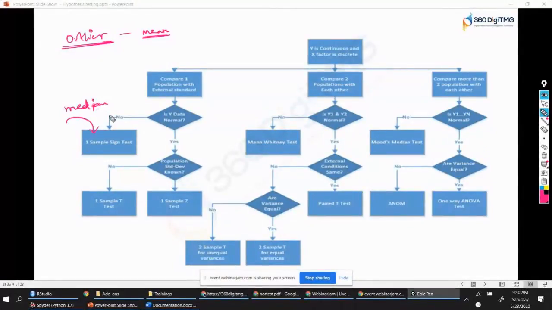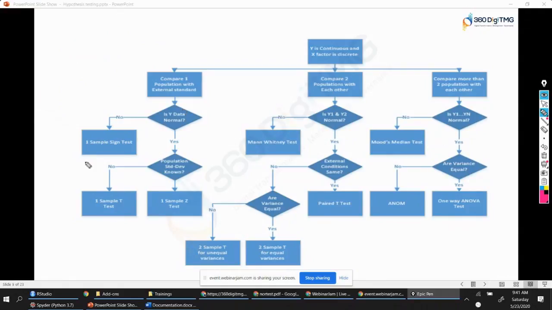So in non-parametric test cases, we consider medians. The business objective that I'm trying to solve would say: is the median appropriate to 150 meters or not? Median of the data. That is the difference. Everything remains the same except for considering median over mean. That is a simple way to understand the non-parametric test cases.